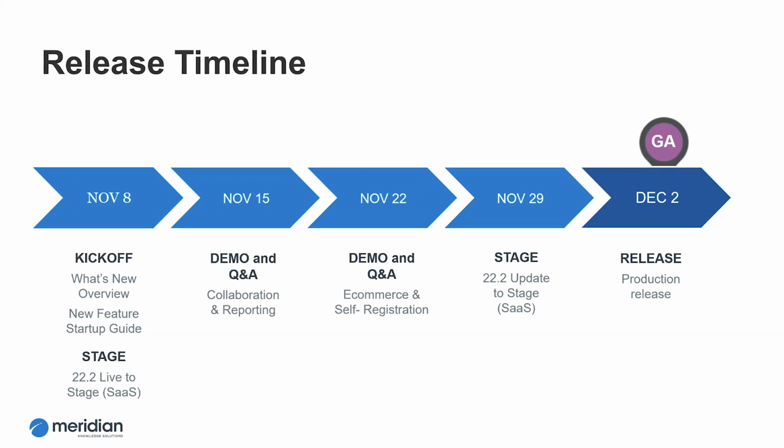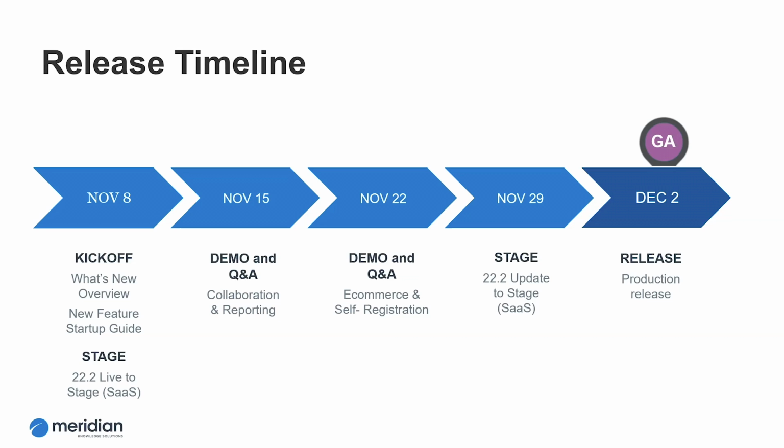Then your stage environments will be updated again with any updates made in the last couple of weeks. Finally, we'll deploy Friday night, December 2nd, to your production environments, and you'll be able to see all those changes live there. So that's the process, probably familiar to some of you. For those who are newer, that's what we typically do for every release.